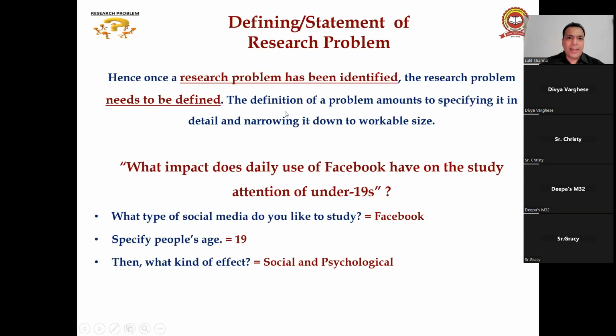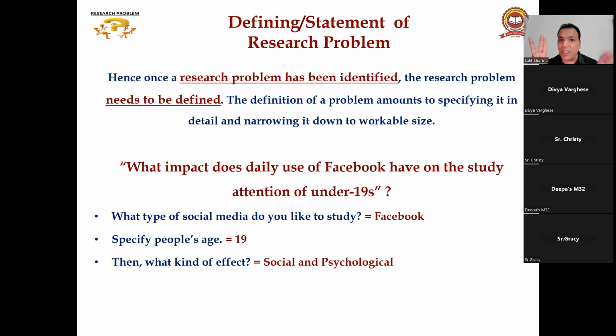Okay. Next, defining the research problem, defining the statement of the research problem. Once a research problem has been identified, now you have identified a research problem. First, you will come to know about the research problem. Second, you will come to know about the sources of the research problem. Third, you will come to know about the selection of the research problem.